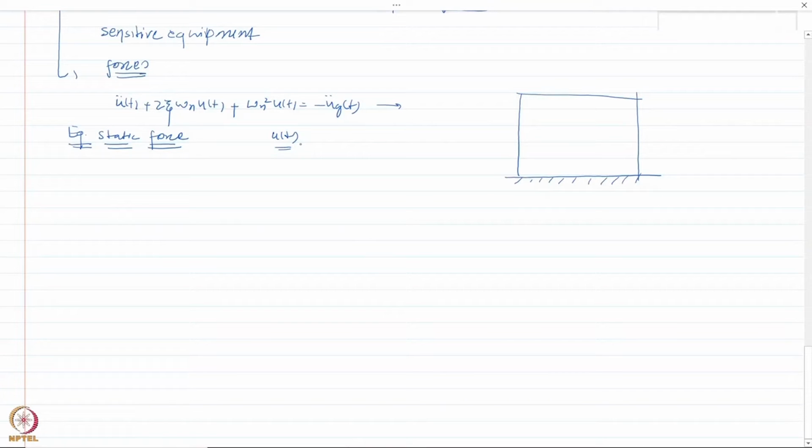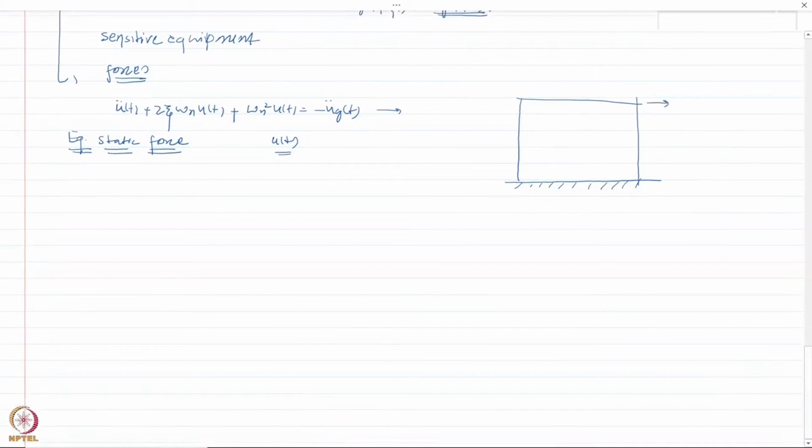Once that is found, the internal forces in the structure can be determined by considering the response of this single degree of freedom system subject to an equivalent static force, which is equal to the lateral stiffness k of the system times u of t.